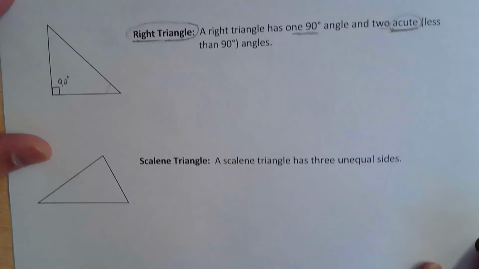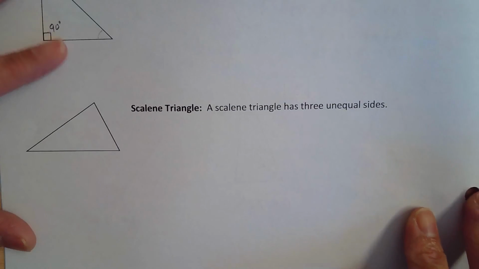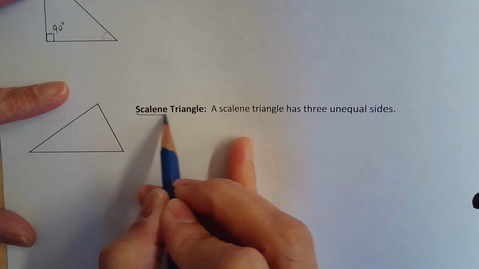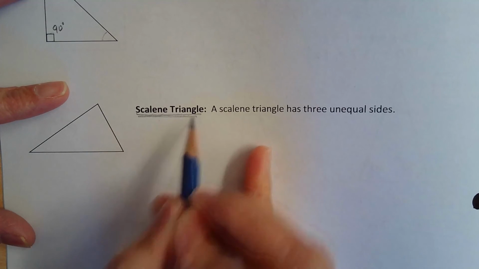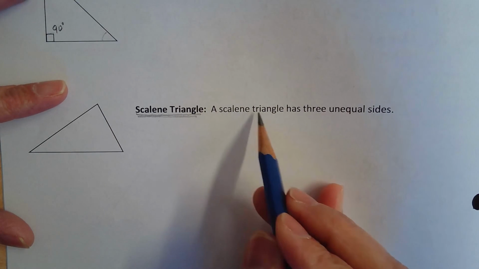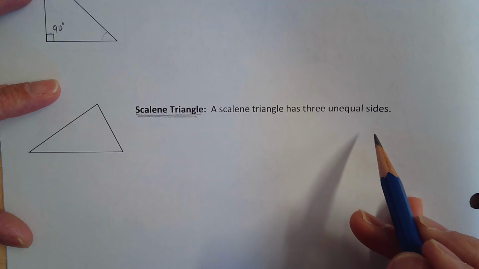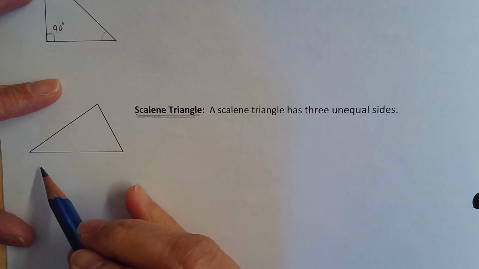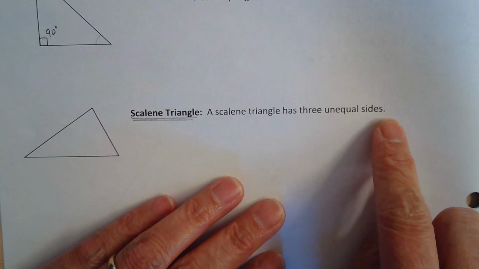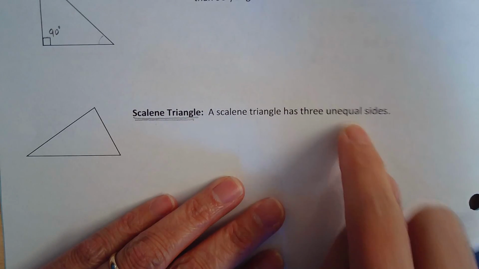Right triangle. And last but not least, a scalene triangle. This one here, all sides are different lengths. And I want to add a little bit more to that one.